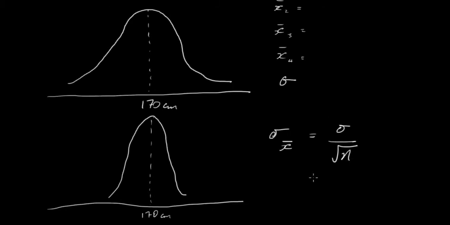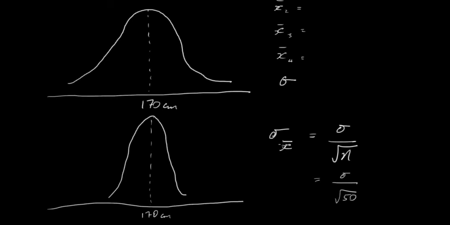In this case it's 50, so we would write down whatever the standard deviation of our population is divided by the square root of 50 in this case. And this formula here will give us the standard deviation of this distribution here, the standard deviation of our sampling distribution of our sample means.